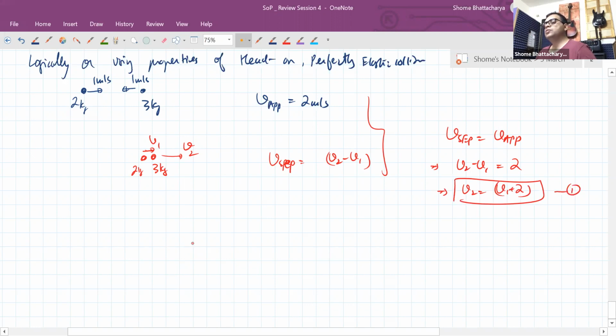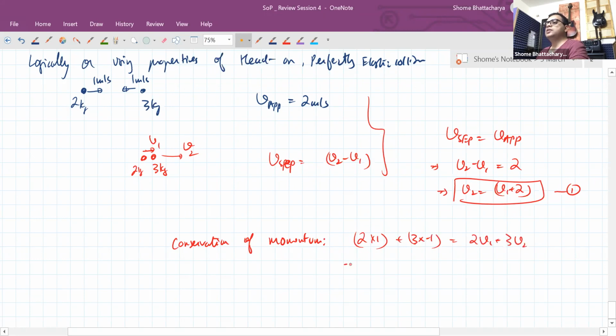And then, momentum is conserved. So conservation of momentum will show us that 2 into 1 plus 3 into minus 1 should be equal to 2v1 plus 3v2.